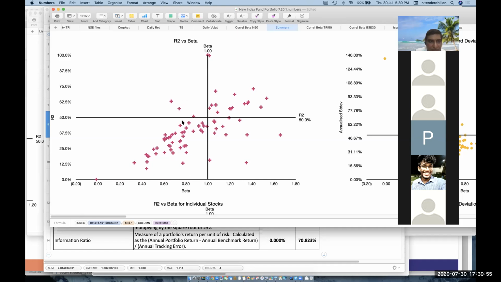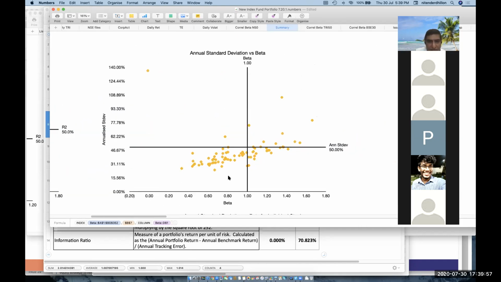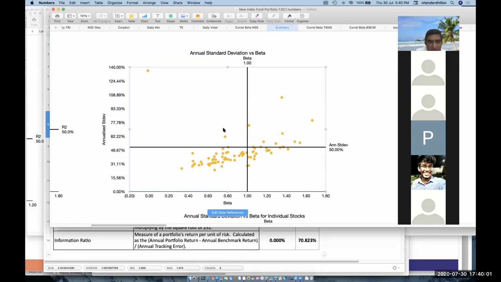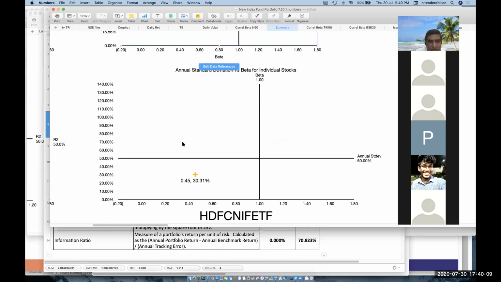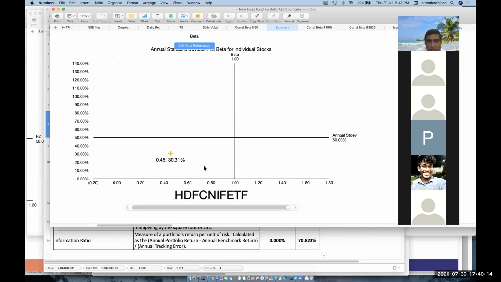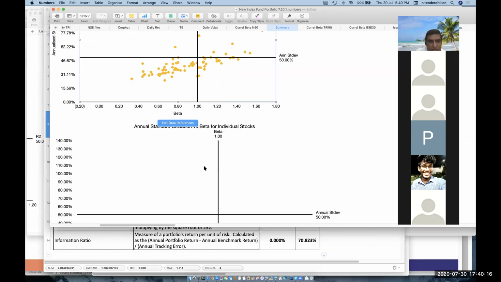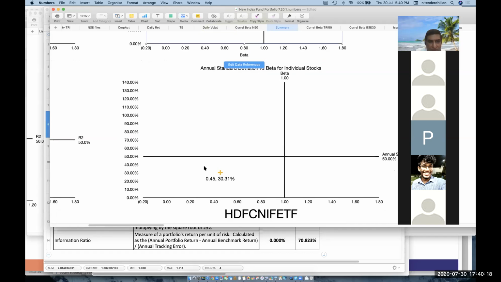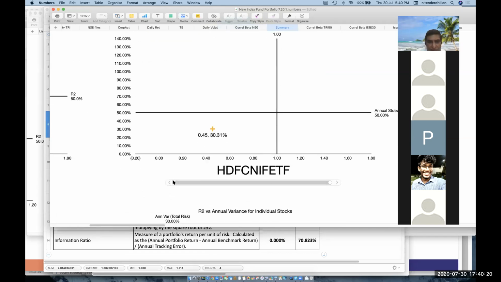Look at beta here, sorry, there are one or two cases here, 62%, and there's another one out here. This would probably be Yes Bank, also an outlier. But anyway, there are some stocks that, sorry, I think I can use this.